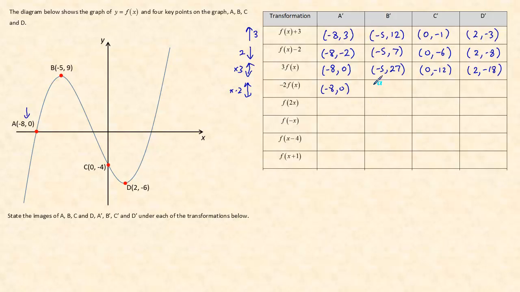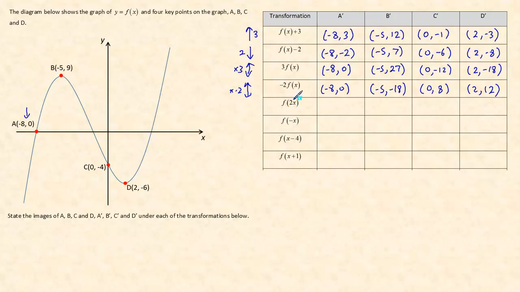If we go to this one, that's negative 5 and negative 18. For this one, that's going to be 0 and 8. And this one here would be 2 and positive 12.